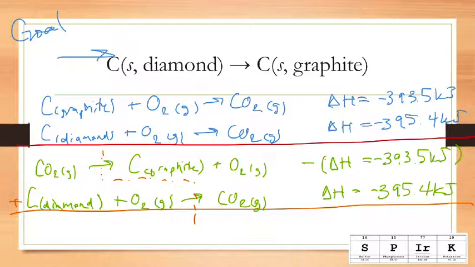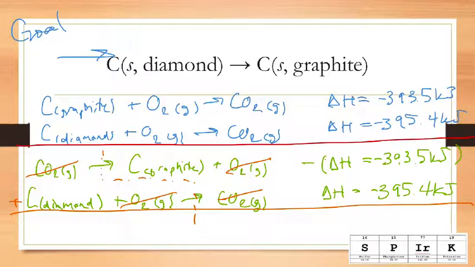In the top equation, we have carbon dioxide as a reactant, and in our second equation, we have carbon dioxide as a product, so we can cross off CO2. We can do the same thing with O2 because in our top equation we have O2 as a product, and in our second equation we have O2 as a reactant. So we can get rid of those two.